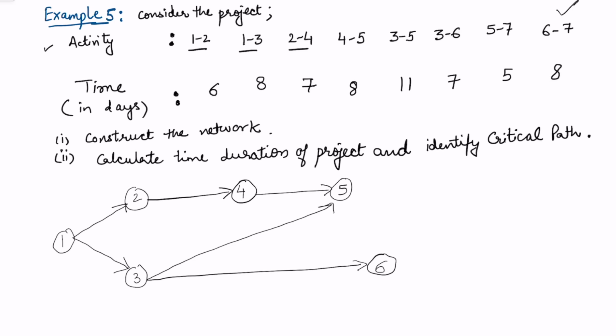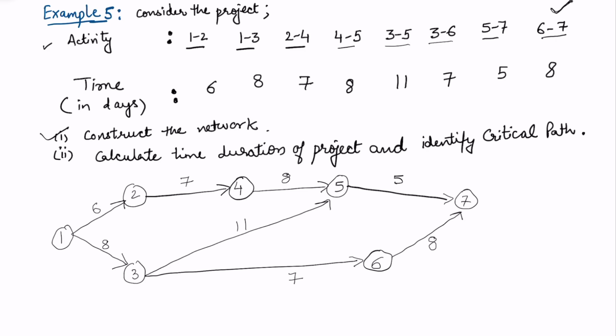Then we have written 5 to 7 is an activity. And we have 6 to 7 is an activity. So this is the drawing of the network as given in the data. Notice here these are the node points, not the written activities as we have done in the previous examples. Each activity has some time, so let us write the time also. That's the construction of the network.